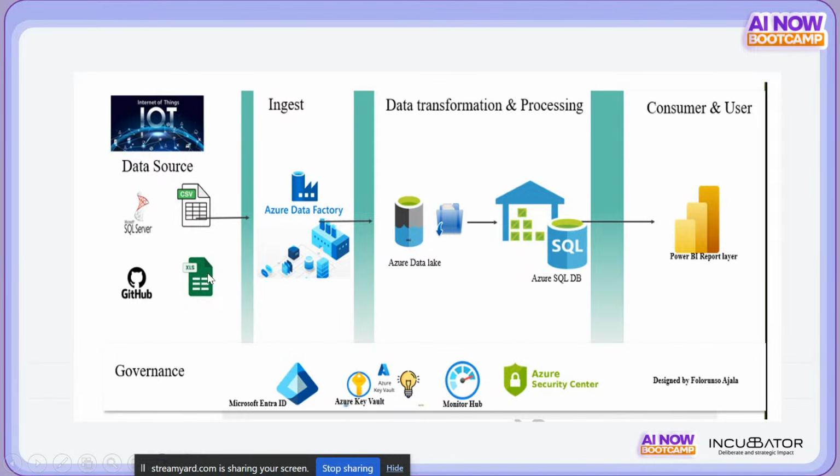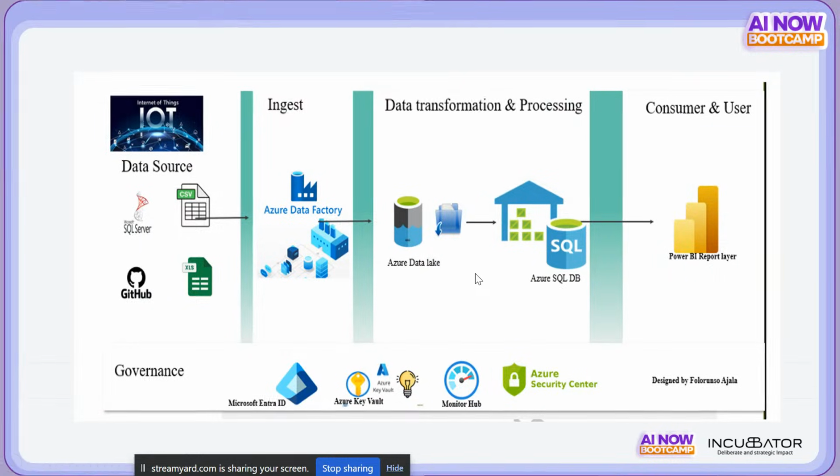We're going to be using GitHub today to move data from GitHub into our data lake using Azure Data Factory. Then tomorrow, by God's grace, we'll move the data from the data lake into the Azure SQL database, then connect to Power BI as well.